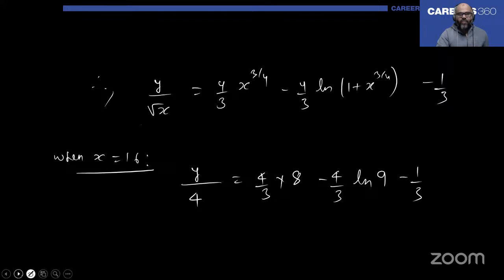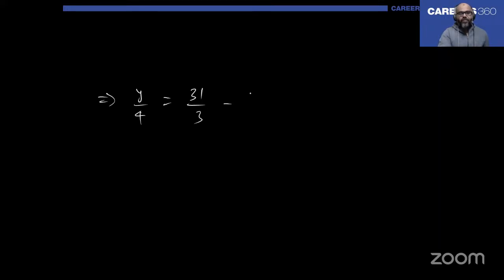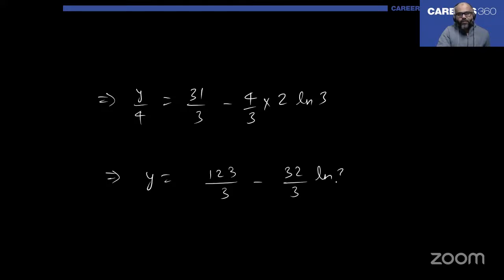And then we have minus 4 by 3 log 9. Log 9 can be written as 2 log 3 because 9 is 3 square. So y will become 31 into 4, that will become 124 by 3, minus 16 into 2, 32 by 3 log 3. So let me see whether this is the answer.